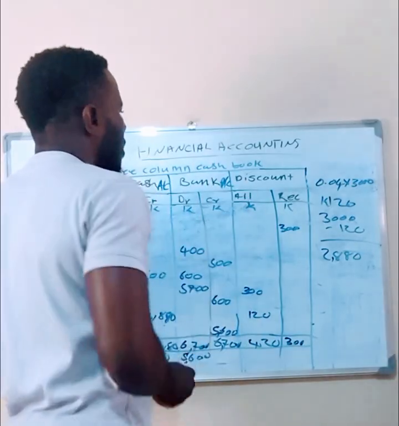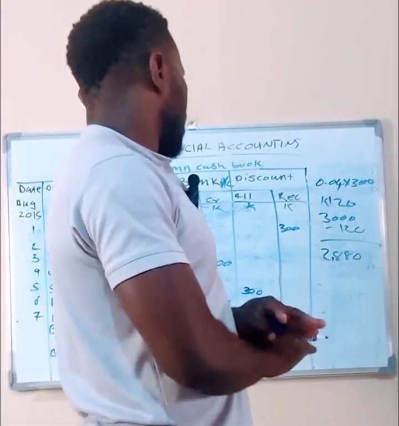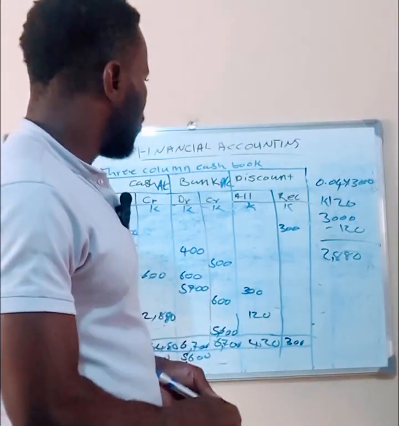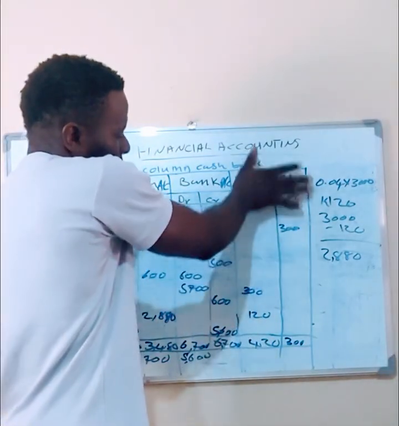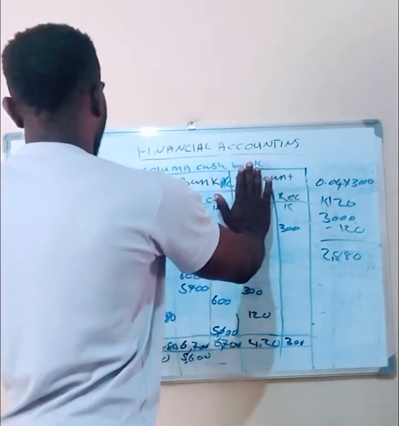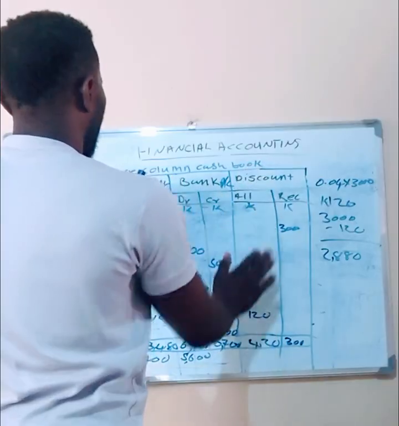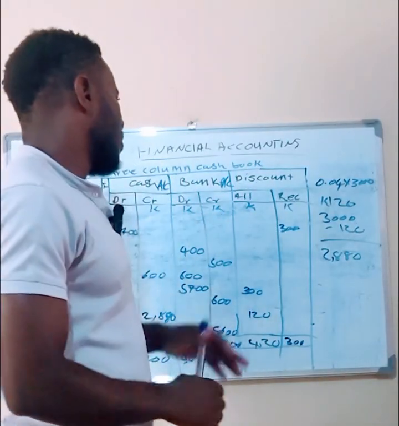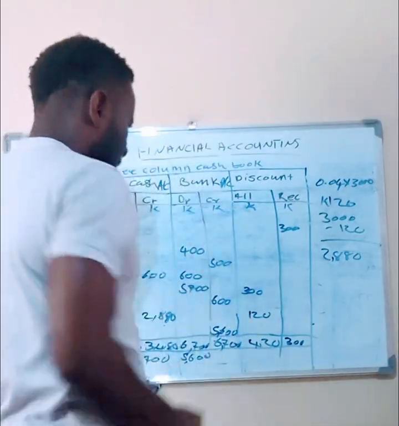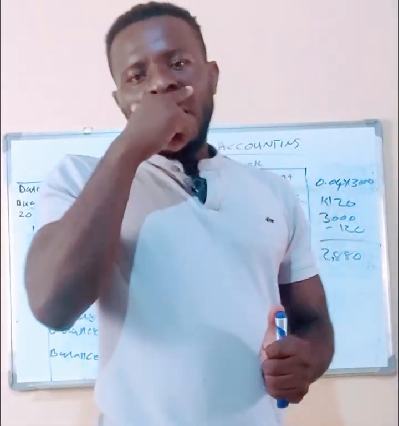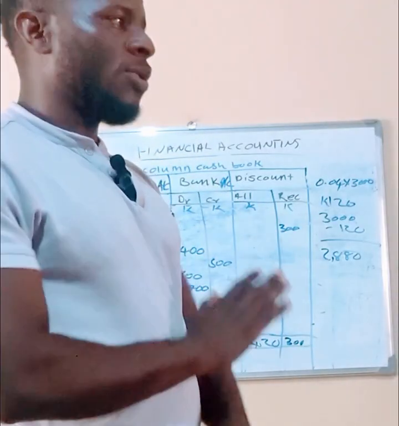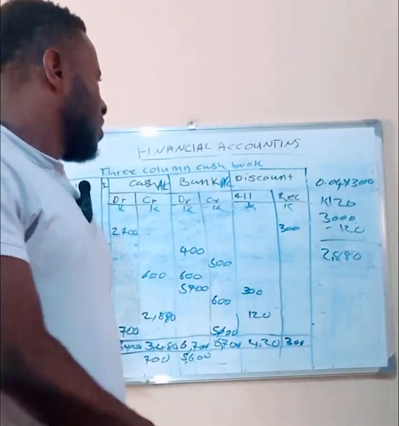So if this was to be a two column cash book, this discount part was not going to be there. We just have the date, details, cash, bank, that's all. That's a two column cash book. And a three column cash book, there is this. So everything is just the same. Whether I did a two column cash book or not, there is no difference.